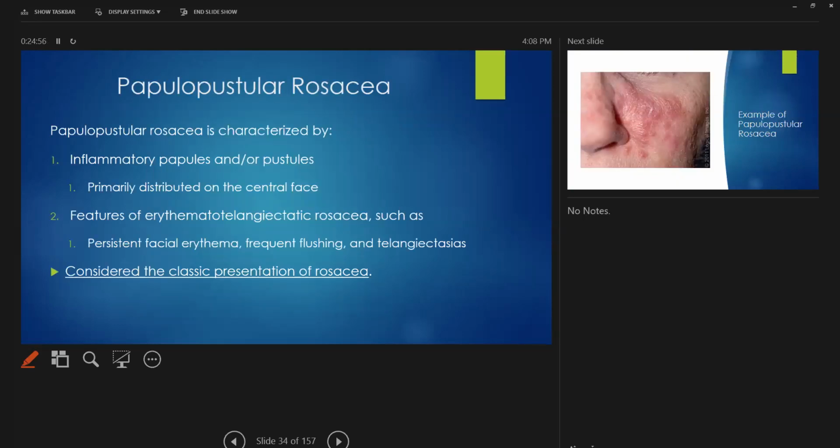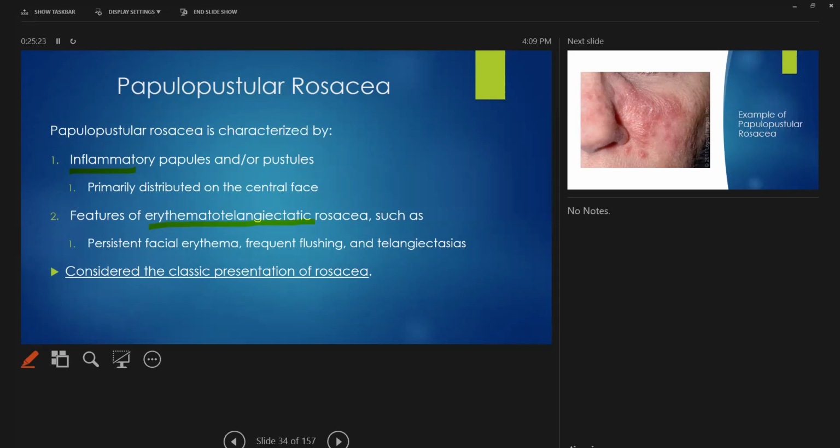So papulopustular rosacea looks more like acne, but it's going to be in your older individuals. It's inflammatory. So that's really the take home there. It's primarily distributed over the central face, so the bilateral cheeks centrally. And then there's some features of erythematotelangiectatic rosacea as well.